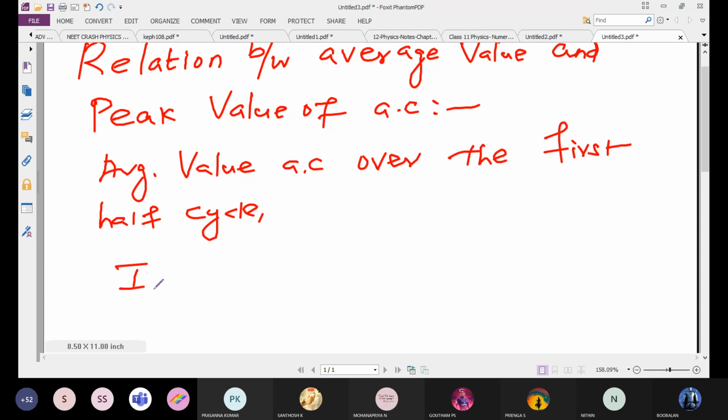So same formula, I average, that is the current average, it is equal to charge divided by time. What I said, it is a half of the cycle. So half of the cycle means it is T by 2. Q divided by T by 2, half of the cycle.